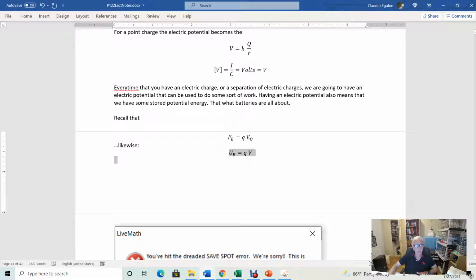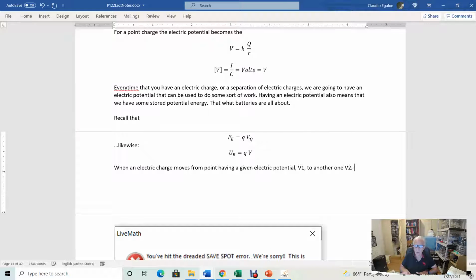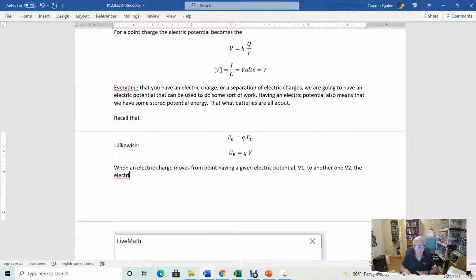When an electric charge moves from one point having a given electric potential V1 to another one V2, the electric potential energy of the charge ends up varying by the following amount.